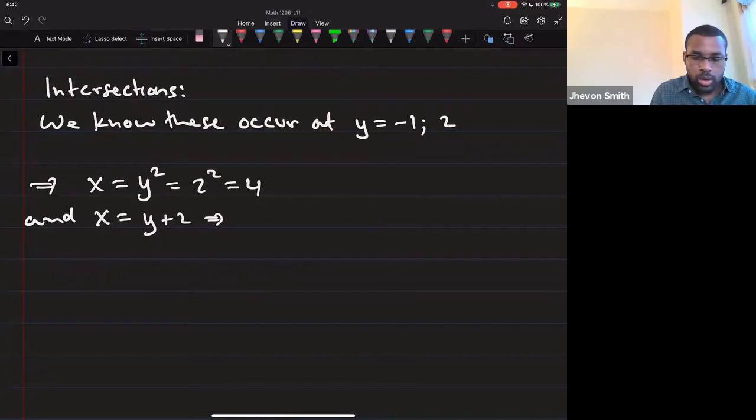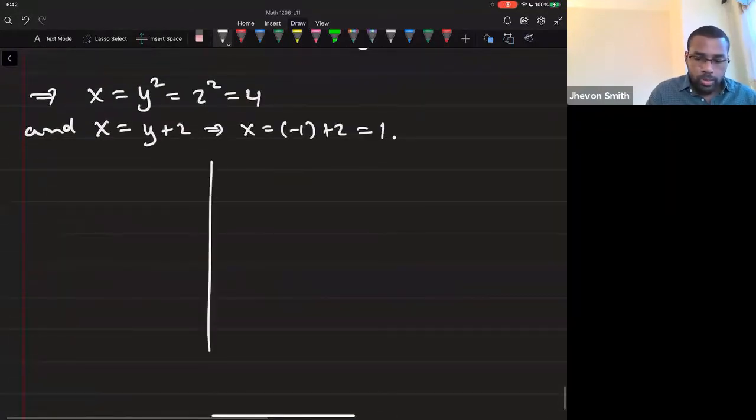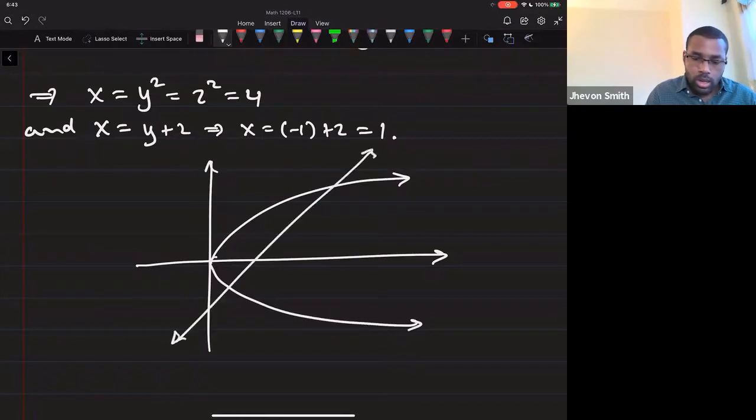And so if I plug in y equals -1, so now in this idea here, I know that this is going to be at 1 is where this intersection happens.